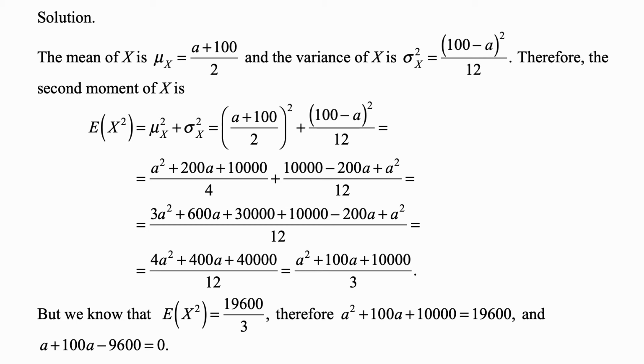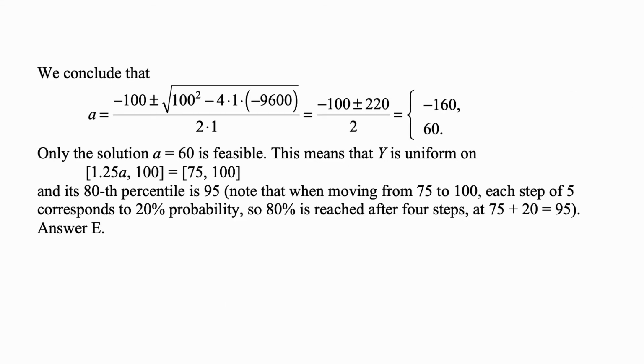And then we simplify this and we obtain this quadratic equation: A squared plus 100A minus 9600 equals 0. I apologize, I had an A there for a moment, a typo, instead of A squared. That's corrected. What we have there is a quadratic equation for A. We just solve it using the quadratic formula.